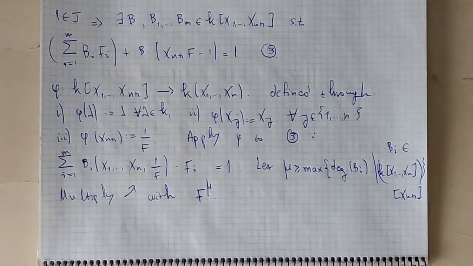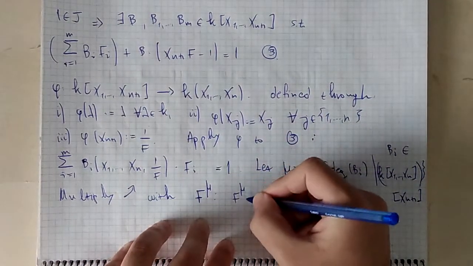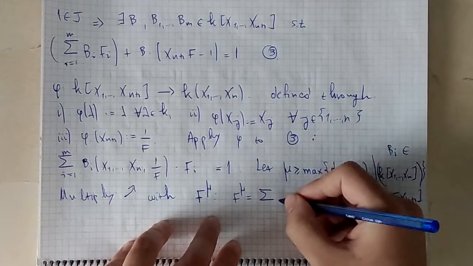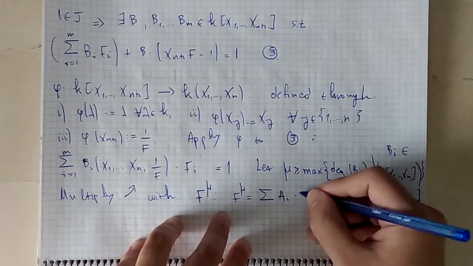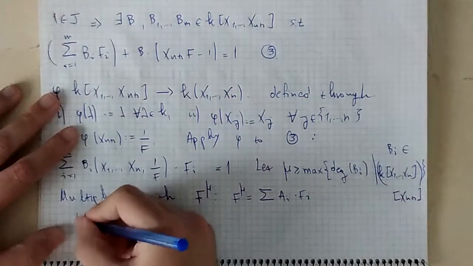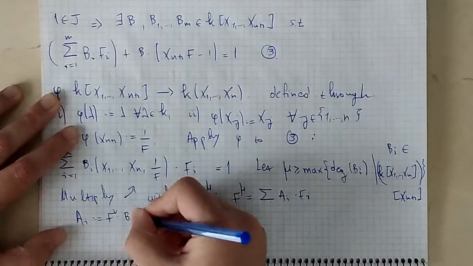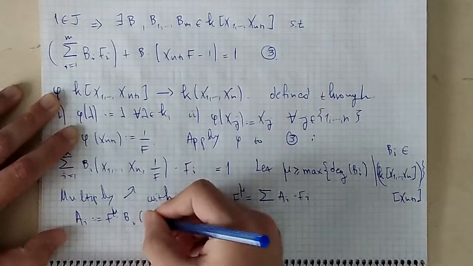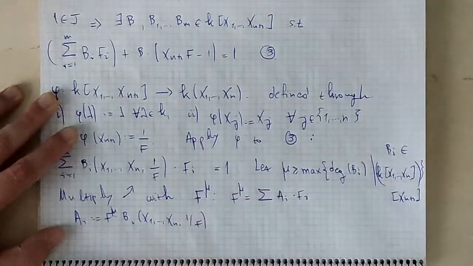And now what's going to happen? What we get is that this is going to be equal to some polynomials ai times fi, right? And these ai are going to be, by definition, polynomials.